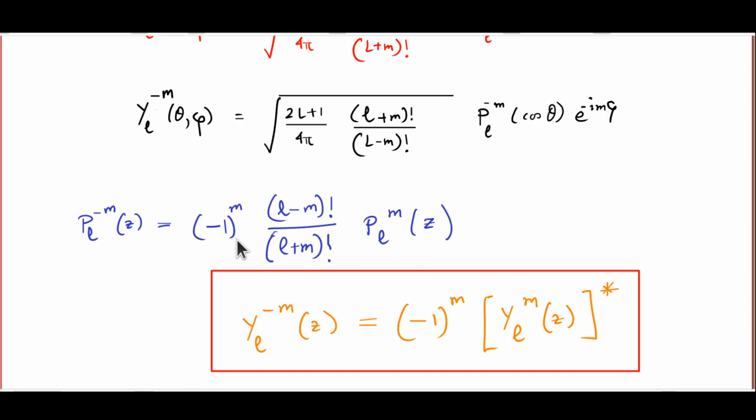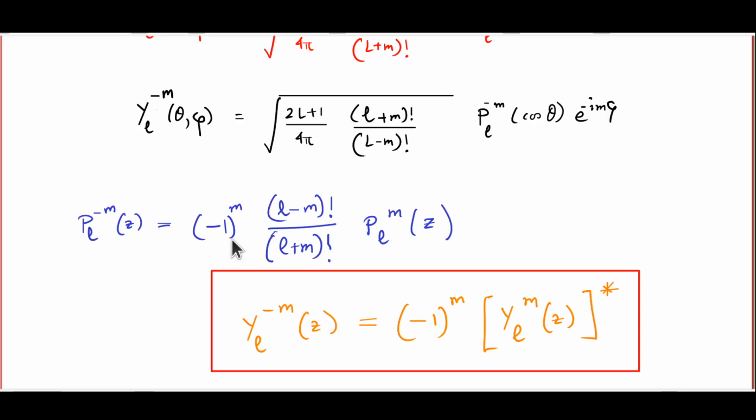Of course, you will have this (minus 1) to the m factor, and the only other change that happens is e to the minus i m phi has appeared here instead of e to the i m phi, which is the conjugate of e to the i m phi. Since the rest of the factors are all real, what you have is Y_lm gets conjugated when you change m to minus m, with this extra factor of (minus 1) to the m.